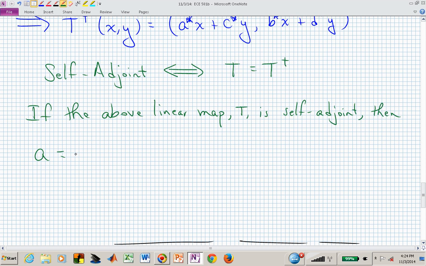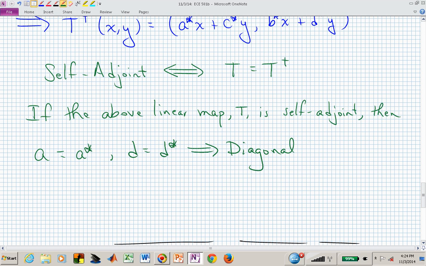We have A equal to A star, and D is equal to D star, and that says that if we have a scalar and it's equal to its complex conjugate, then the imaginary part is not there, so we now have real scalars on our diagonal of these self-adjoint maps.